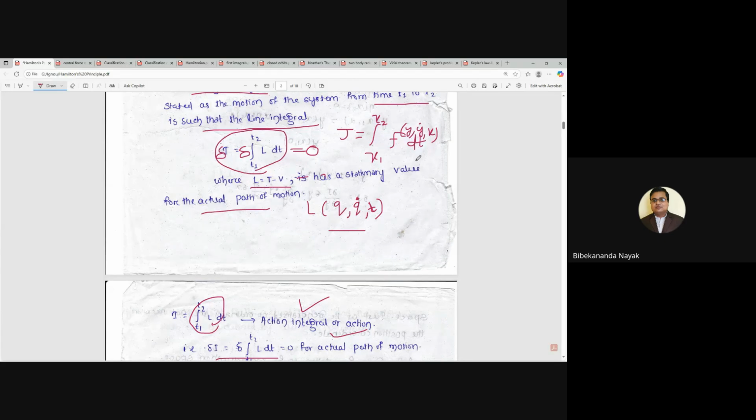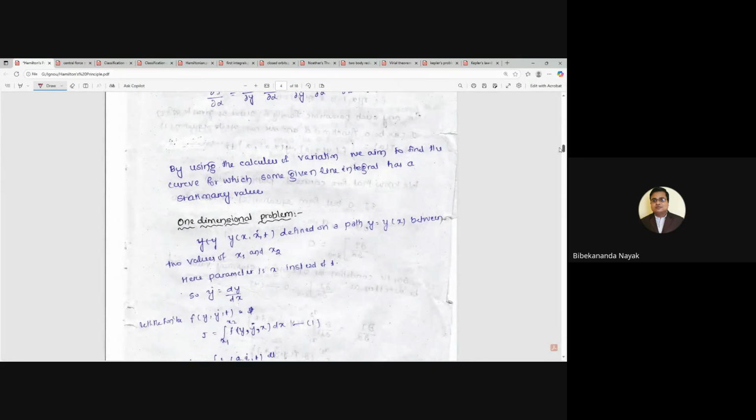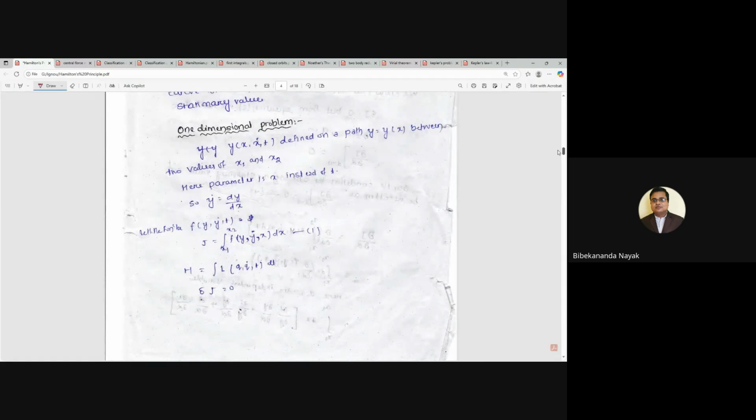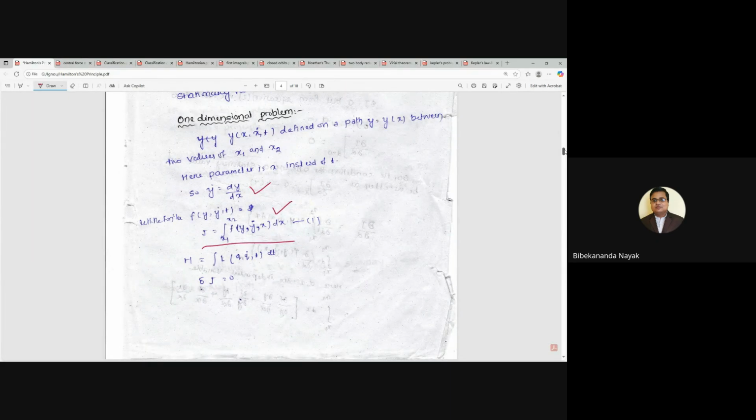Y dot means here dy by dx. So we can derive this actual formula. So we take y dot, dy by dx, and j is equal to this. This represents the actual path of motion.